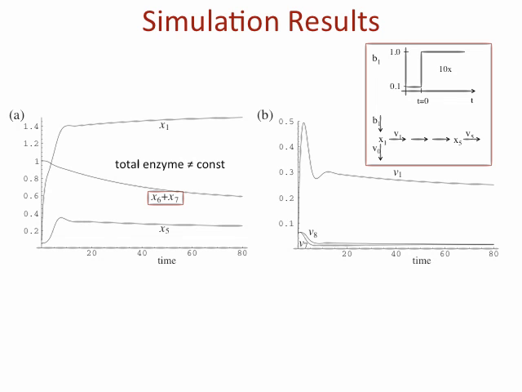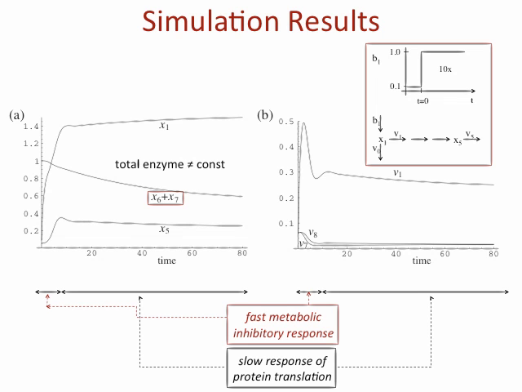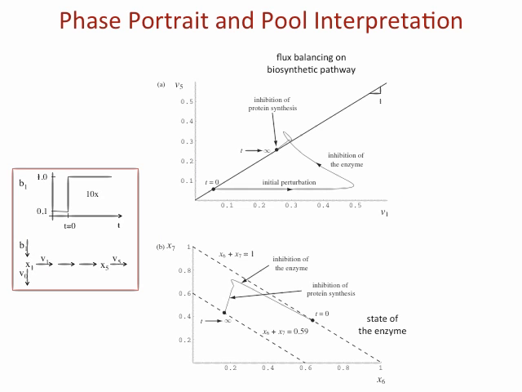And during this time, V1, the flux we are trying to regulate, keeps going down. So we show here the fast metabolic inhibition and the slow response associated with the regulation of the total amount of protein.